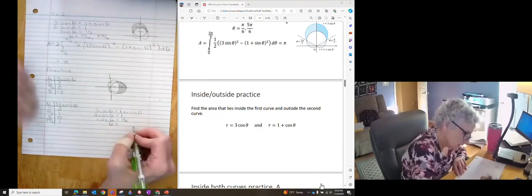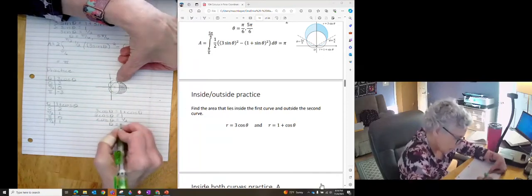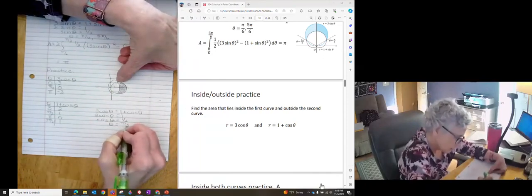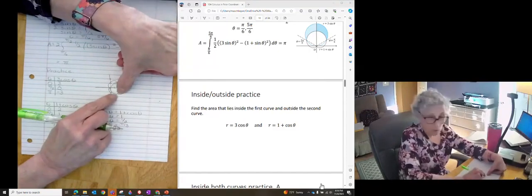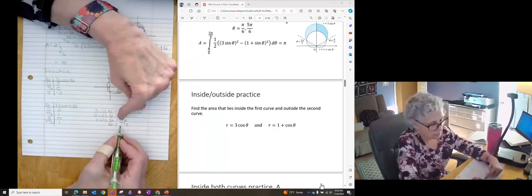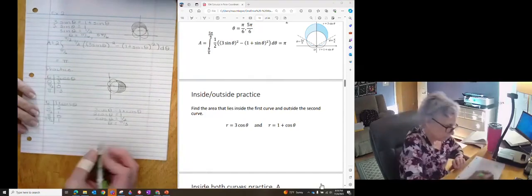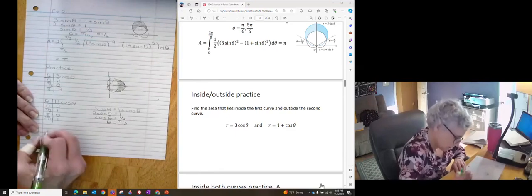So theta is equal to, and over here we would have pi over 3. If I wanted to start down here and do my integration, I would need to go from negative pi over 3 to pi over 3. But I'm going to double it.